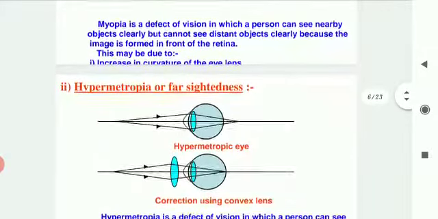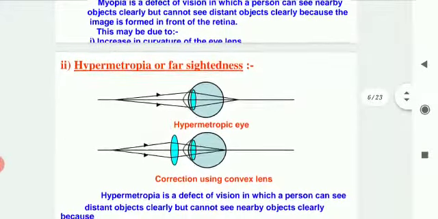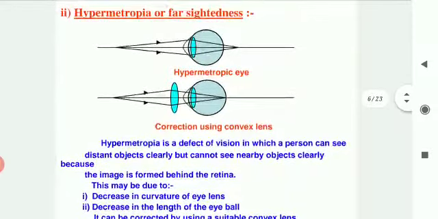And for hypermetropia, the image is forming behind the retina, and the correcting lens used is a convex lens. So these are the two topics that have been eliminated, but you must know for your knowledge. It will be helpful for you in higher classes.